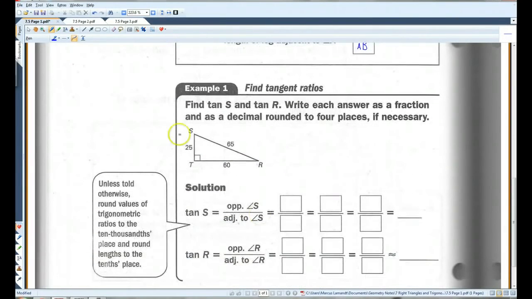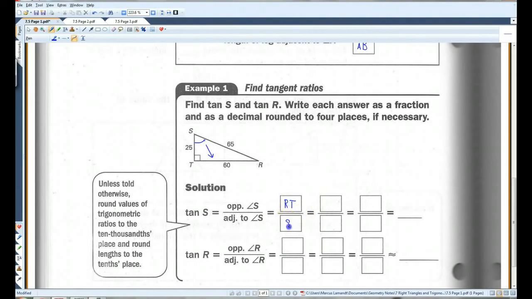Alright, so for example, let's say we're trying to find tangent of S. Tangent of S is the opposite over the adjacent. The opposite side is 60, the adjacent side is 25. I think they probably want us to do this first. Opposite side is RT.